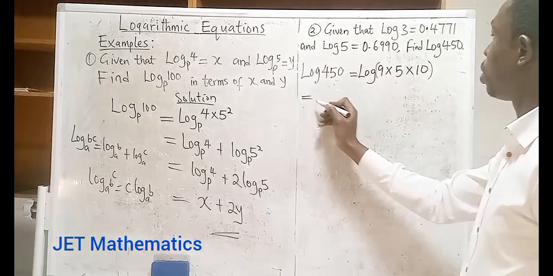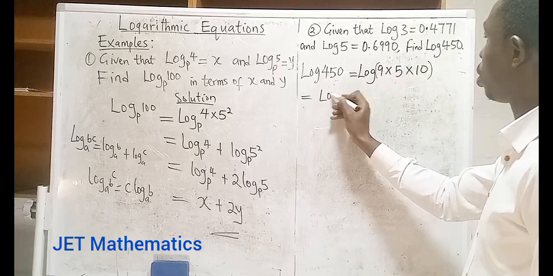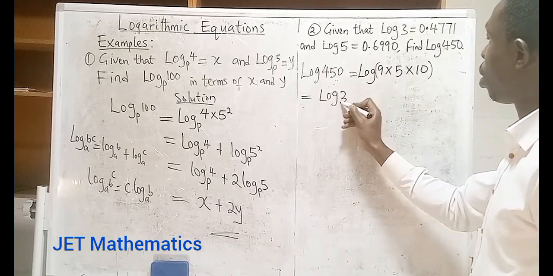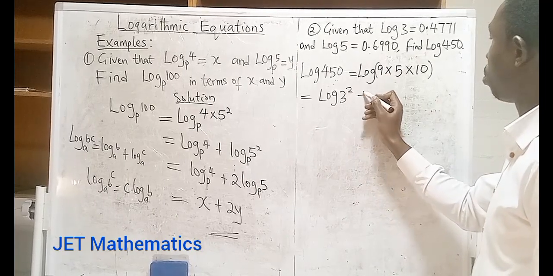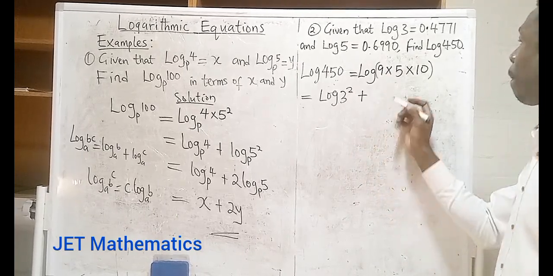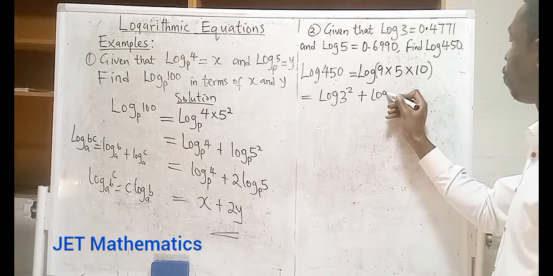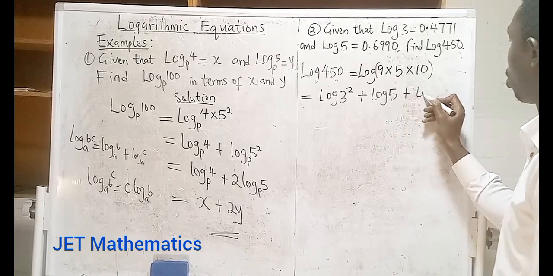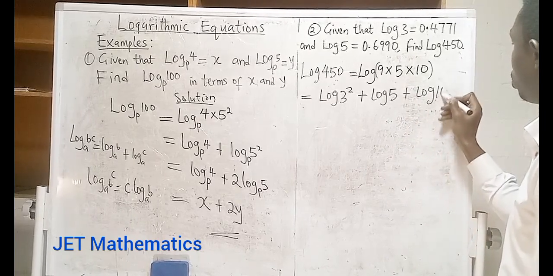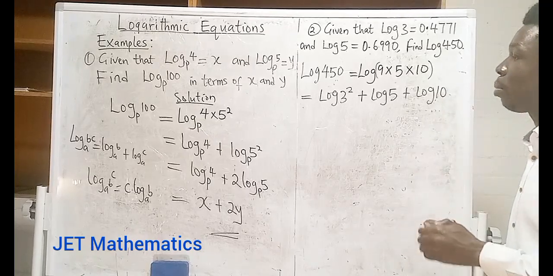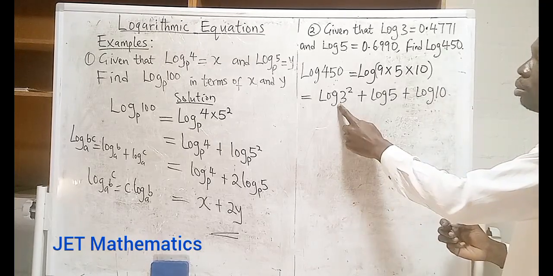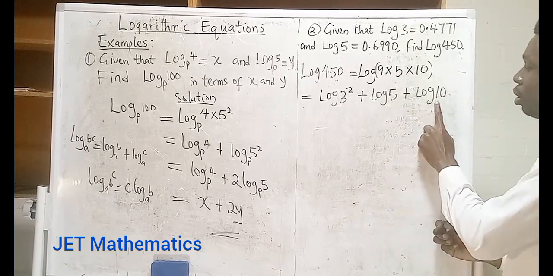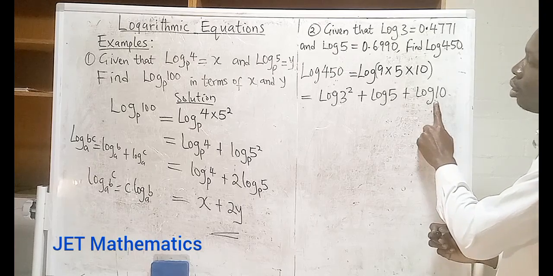This can be written as log 9, which is the same thing as 3 squared, plus log 5 plus log 10. Remember, the base of all these logarithms is 10. Good.